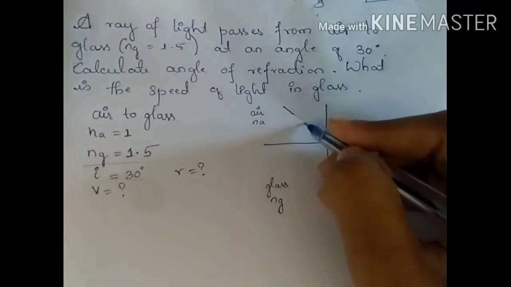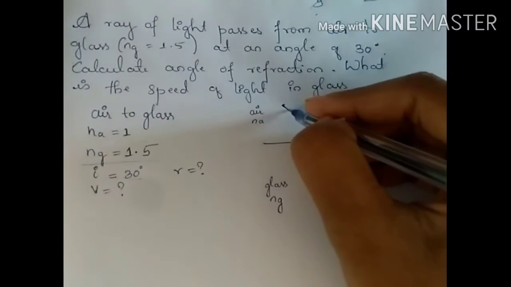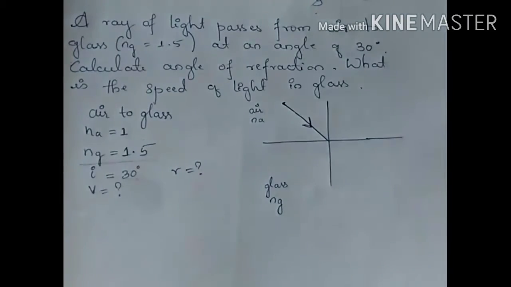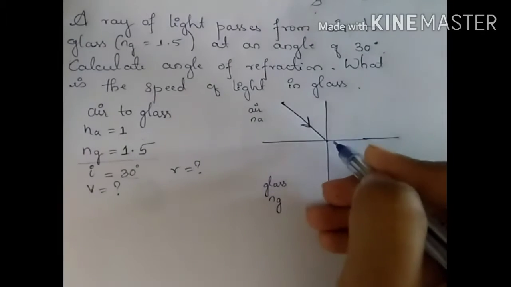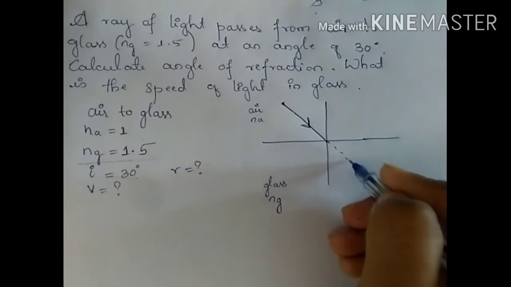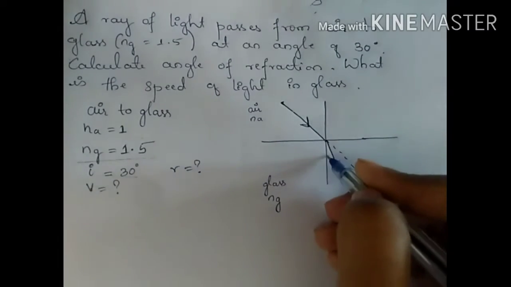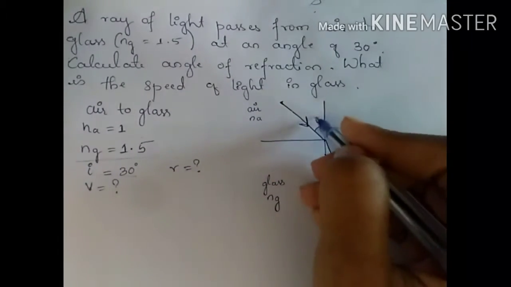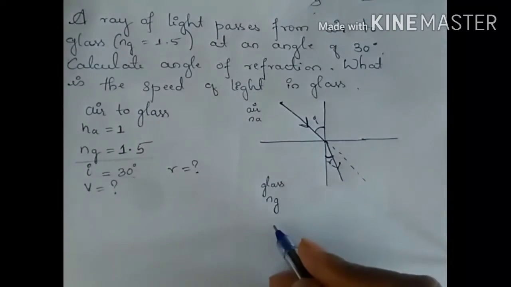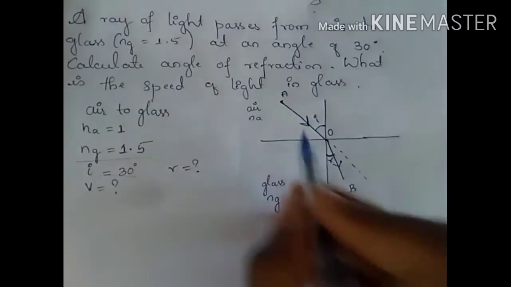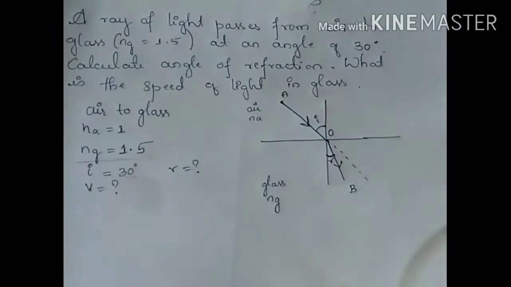Now the light ray which is coming from the air medium hits the interface and gets refracted away from the surface towards the normal. So this angle is I and this angle is R. So AOB: AO is the incident ray and OB is the refracted ray.